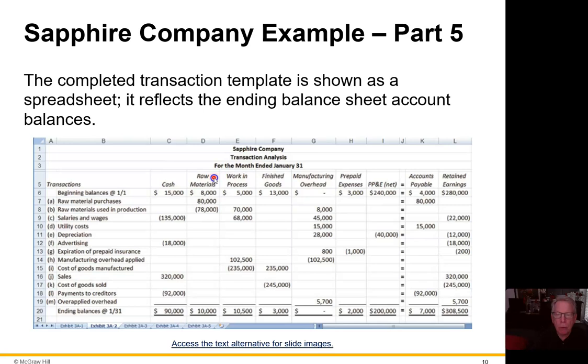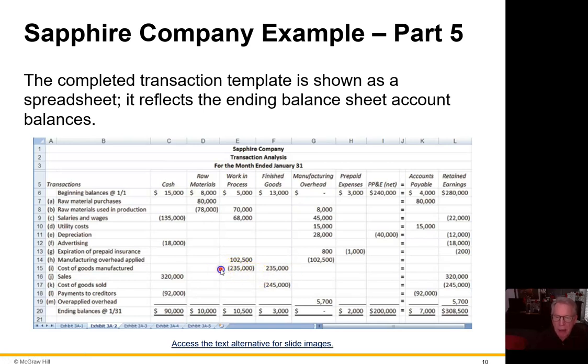Raw materials, $10,000. Work in process inventory, $10,500. Finished goods, $3,000. And finished goods, of course, is comprised of the cost of goods manufactured that we transferred in from work in process inventory.